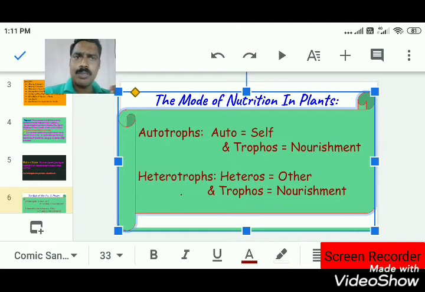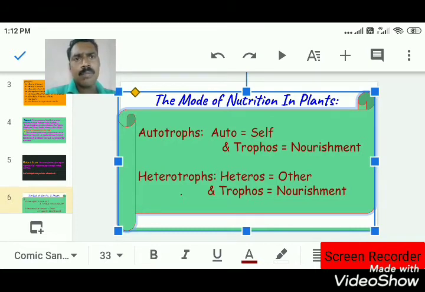Similarly, heterotrophs: hetero means others, trophos again means nourishment. Okay, I hope you are getting it. Heterotrophs are dependent on others, directly or indirectly. We humans and some other animals are directly or indirectly dependent on plants and plant products, as you already know. Heterotrophs do not prepare their own food.